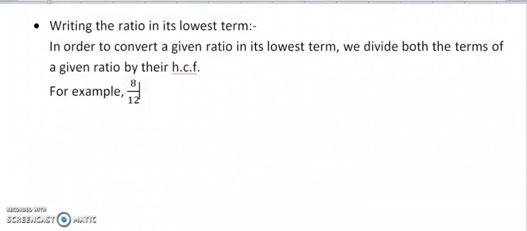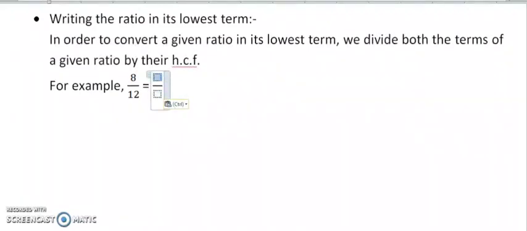Clear? Now, in order to write it in the simplest form, obviously we can reduce both the numerator and the denominator by the HCF.